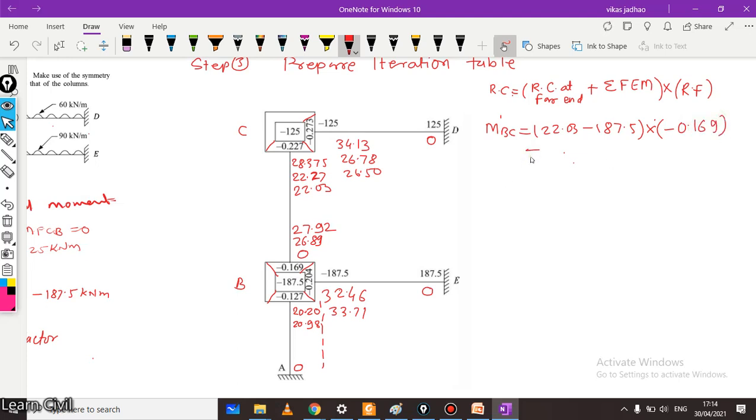So M dash BC will be equal to 27.96. Just write down here 26.96.